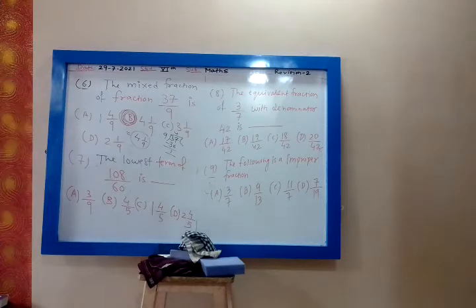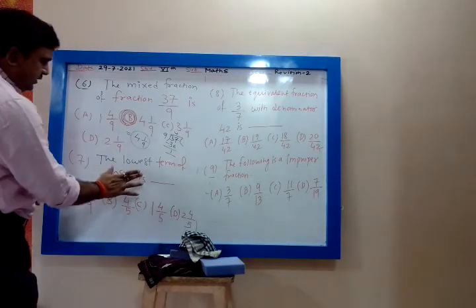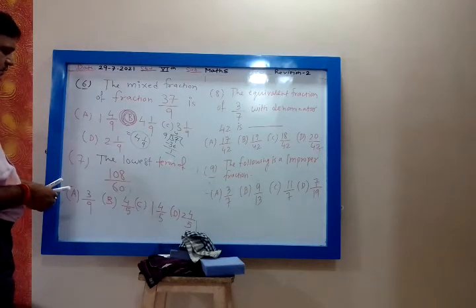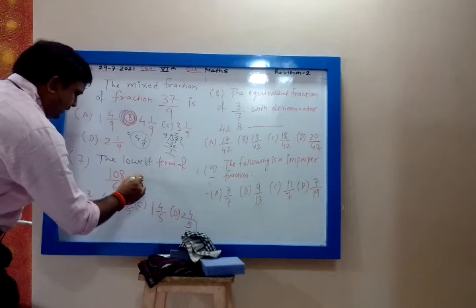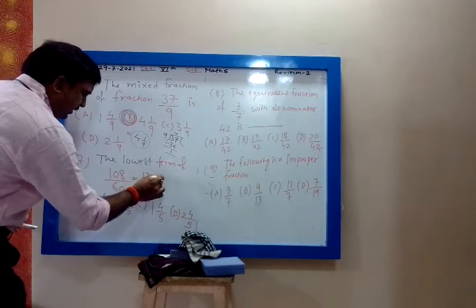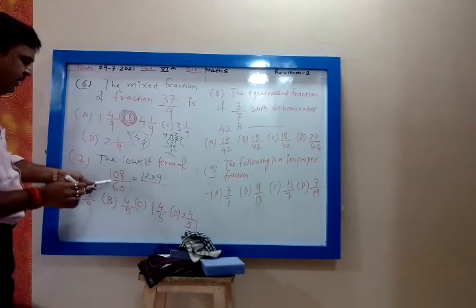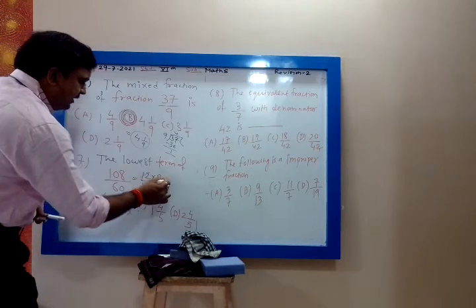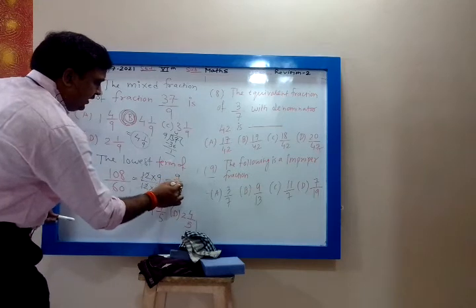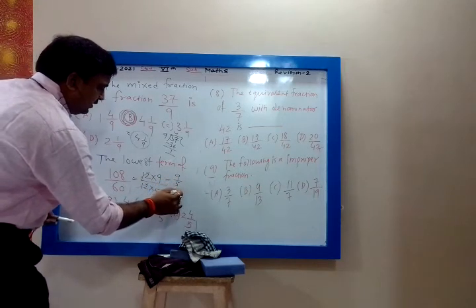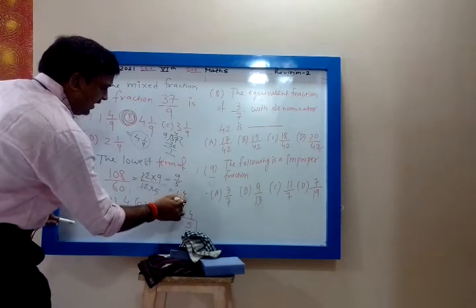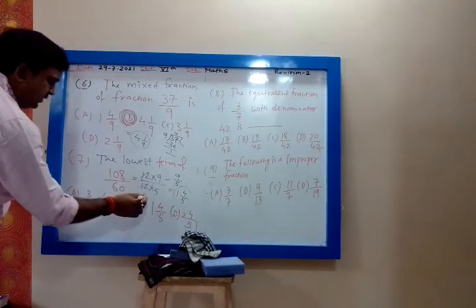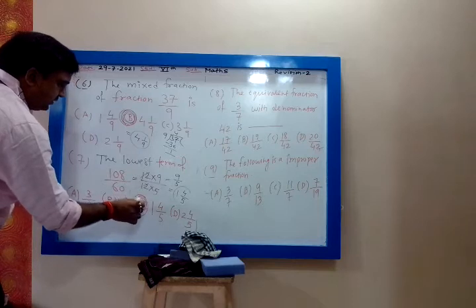Correct? 12 into 9, no, 12 into 9 over 12 into 5. So 12 will get cancelled, 9 upon 5. Then 9 upon 5 you have to divide into mixed fraction. That is 1 and 4 by 5. Which option? C option. So C is the correct option.